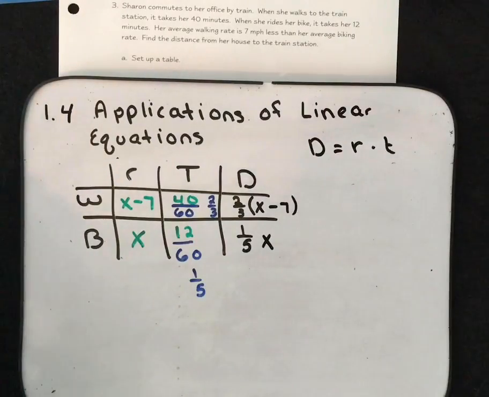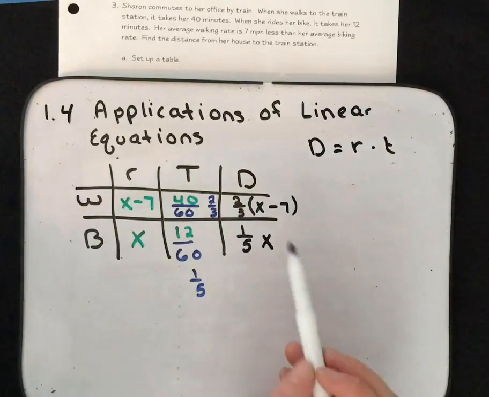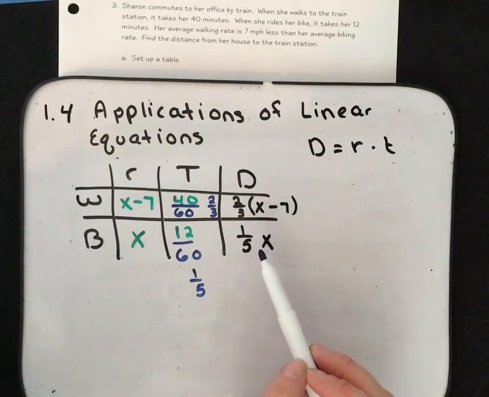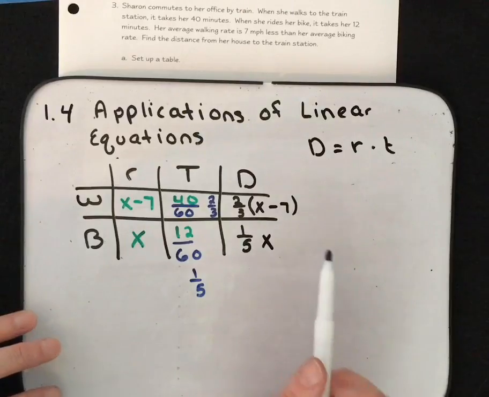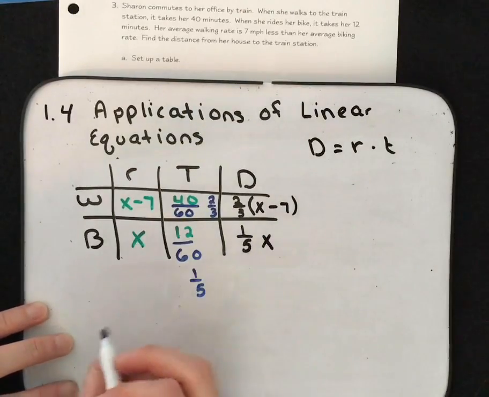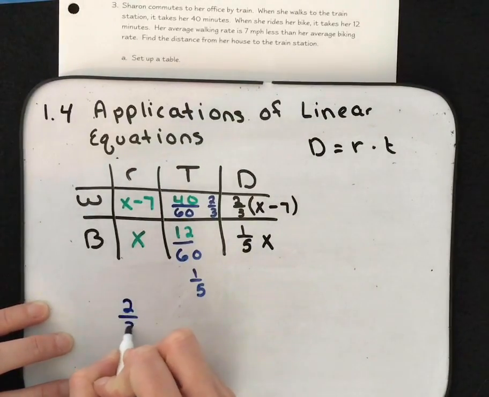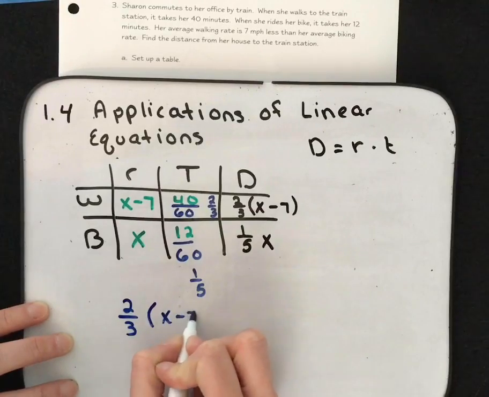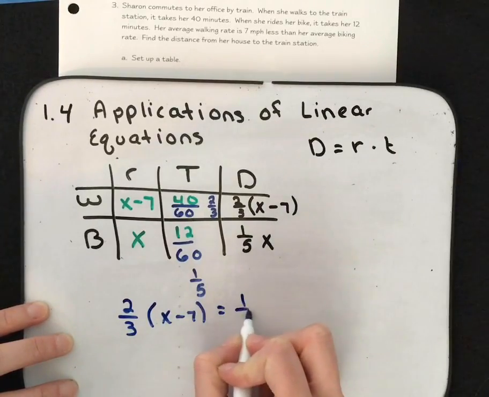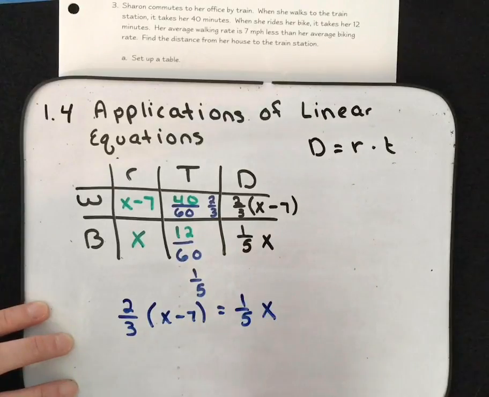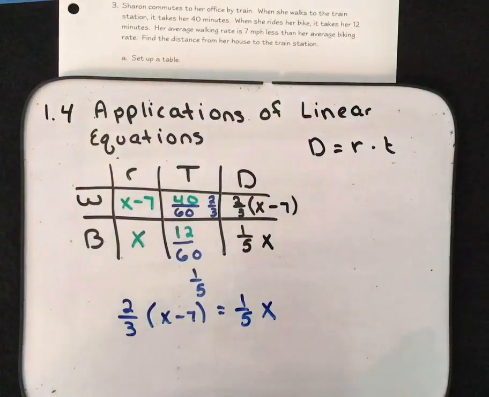The train station stays in the same place. So we know that she's traveling the same distance regardless of how she chooses to get there. So we can equate these two formulas. We can say that 2/3 times x minus 7 equals 1/5 x, because the train station is going to be the same amount of distance away.